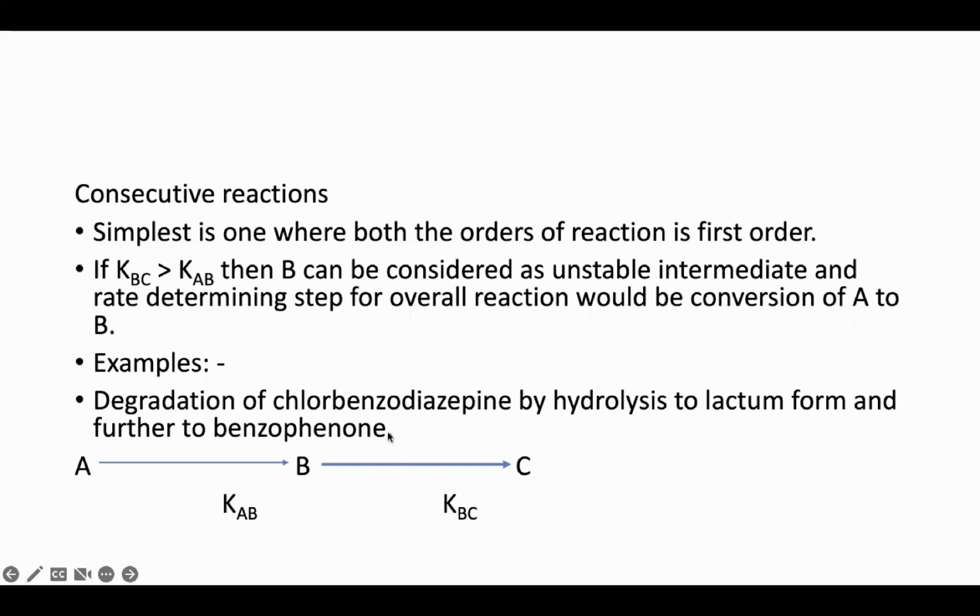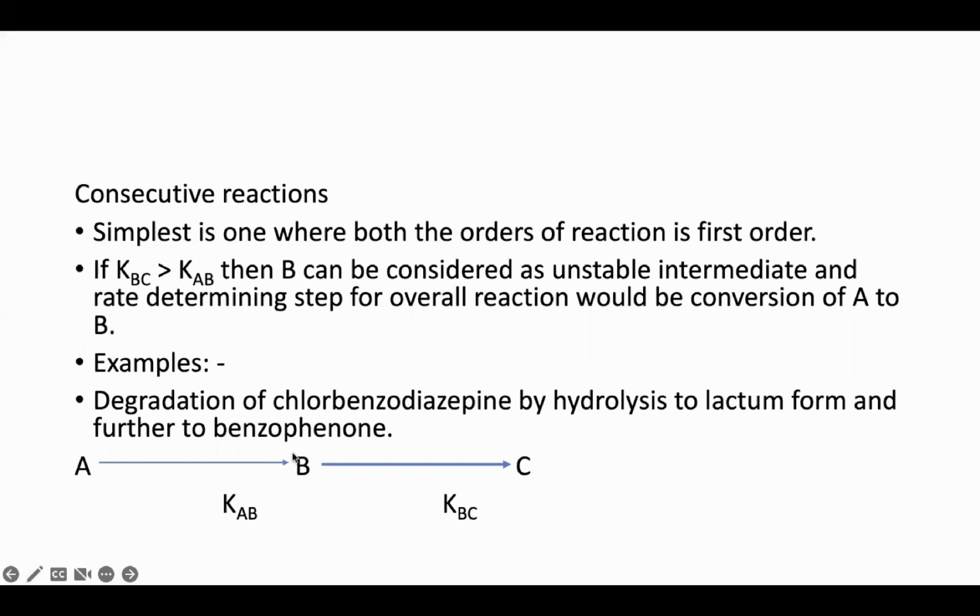Benzophenone is a longer acting substrate from the drug, but through an unstable intermediate, right? So essentially, the use of this has been very limited to scientific research, okay, because of its passage through an unstable intermediate.